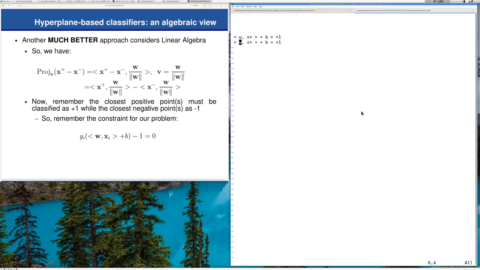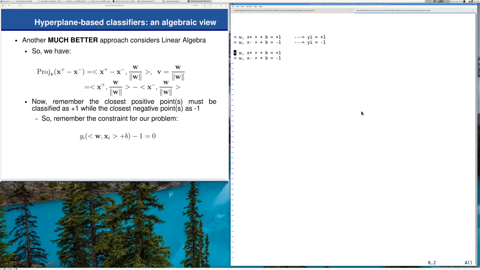If I compute the same, but for the closest negative element, my result should be what? Negative 1. You know what's interesting over here? I can rewrite that in a different way. Here, the class I expect is the positive class, and here, the class I expect is exactly the negative class. So I can take both over here, like this, and perform some quite nice product.